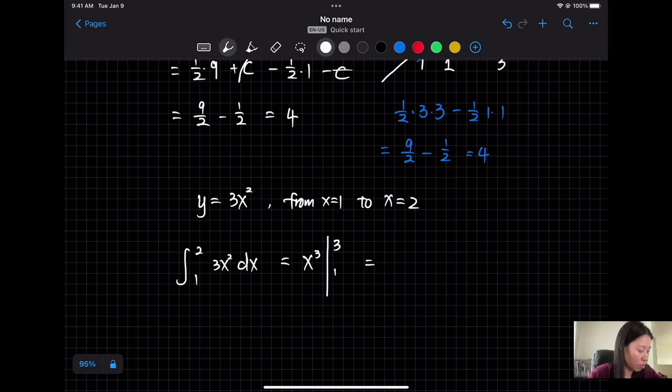So that gives me what? 3 cubed minus 1 cubed, which is 9 minus 8, minus 1. Oh, this is from 2 to 3, sorry.